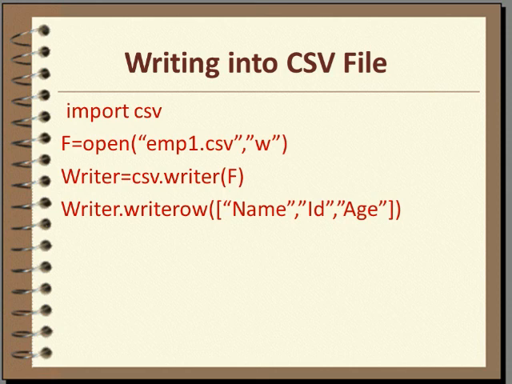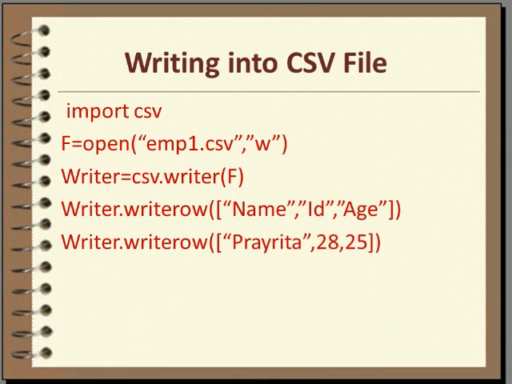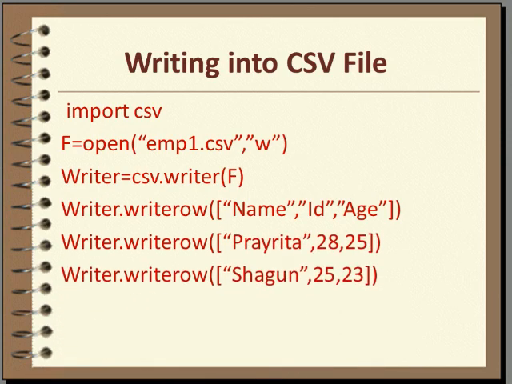To write a row I am passing the list that I wanted to write into the emp1.csv file. So I have used the writerow function three times to write three records in the emp1.csv file.